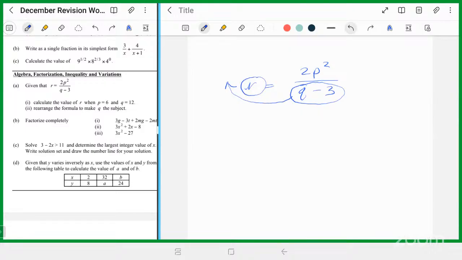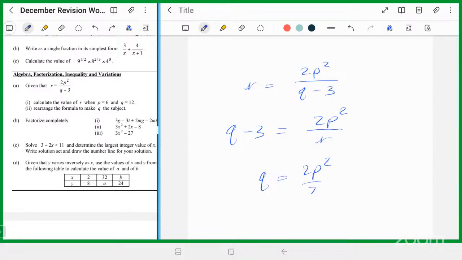When we do that, we get Q minus 3 as a whole equals 2P squared divided by R. Do you understand that? Very good. Then to leave Q as the subject, we just take this 3, bring it over here and add it. So Q becomes 2P squared over R plus 3.